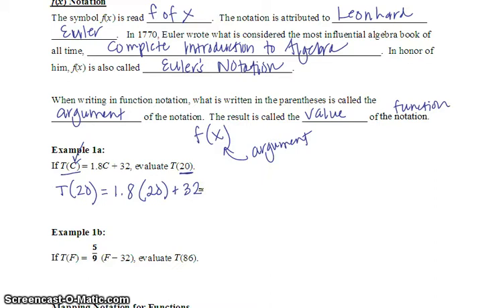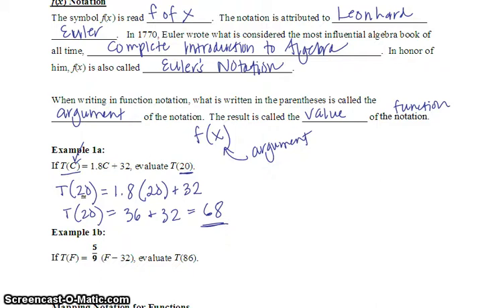Wherever you would see a c, you would plug in 20. We can solve that. 1.8 times 20, because we're working left to right, is 36, plus 32 equals 68. Our result, or our value of the notation of that function, is 68. And the argument in this case is 20.